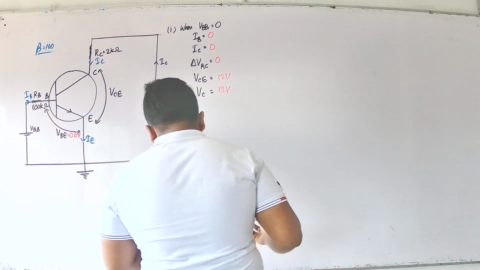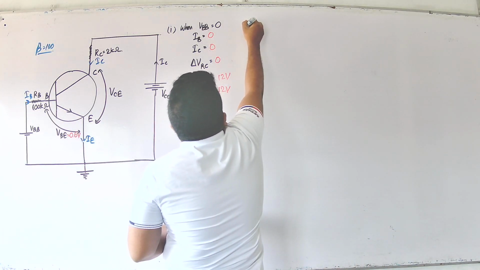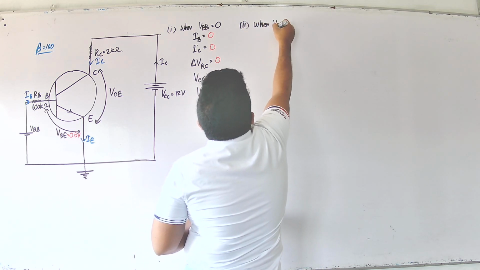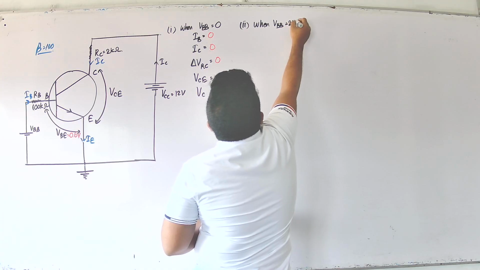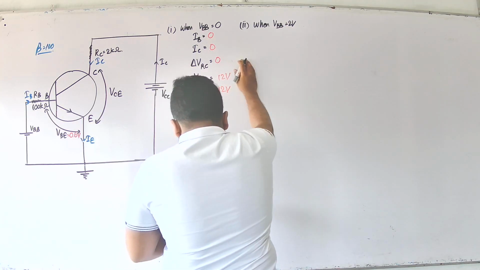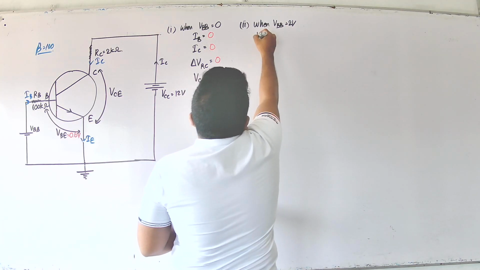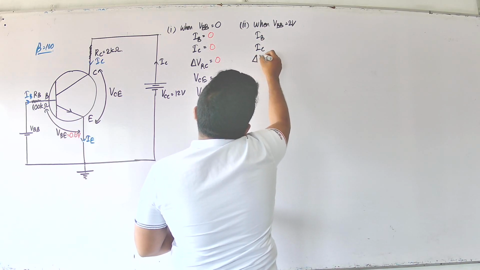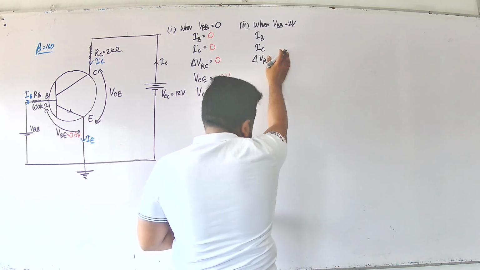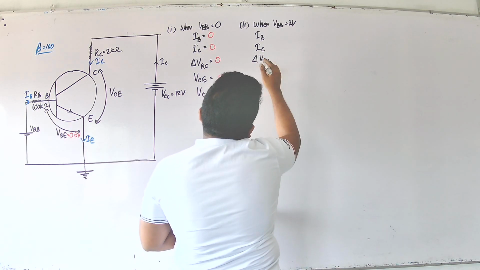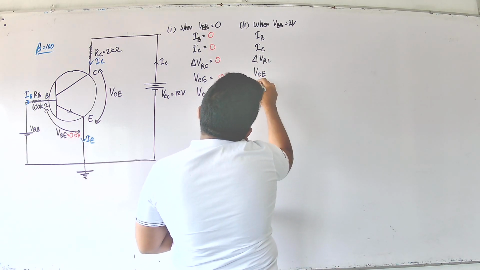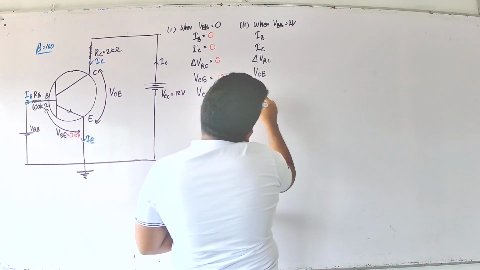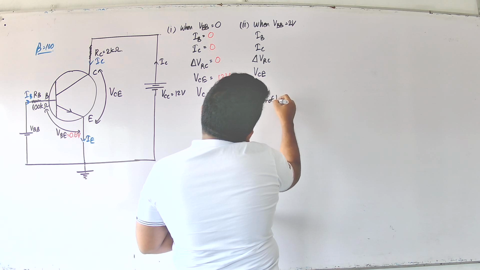Number 2: when VBB equals 2 volts, find out IB, IC, voltage across RC, VCE, VC, power of transistor.